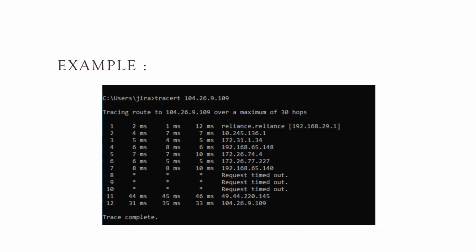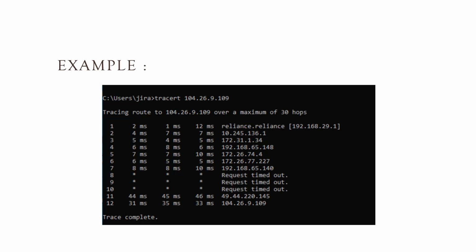Here you can see an example traceroute response for one of the public IP addresses. The first column is the hop number, and the second, third and fourth columns are the time in milliseconds for those three packets. If you take the first row, the TTL value is set to 1 and three packets are sent to the destination, and they expire on the first router.